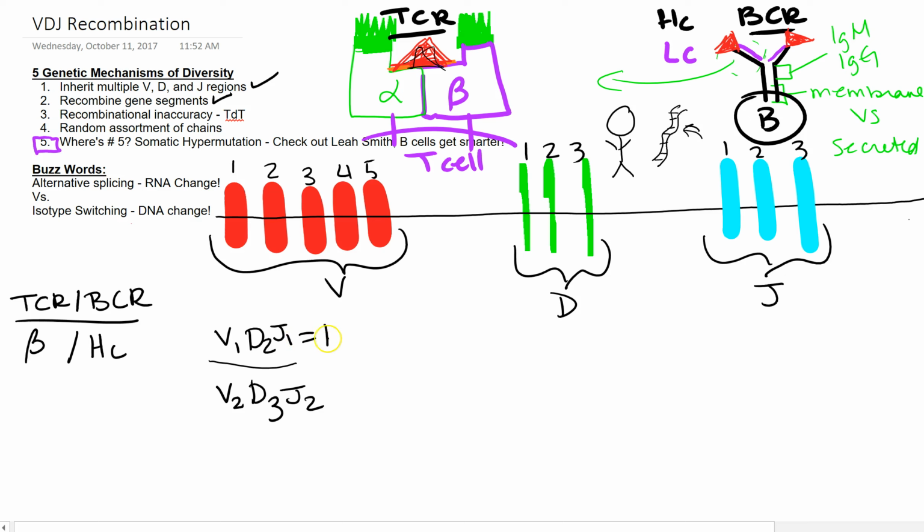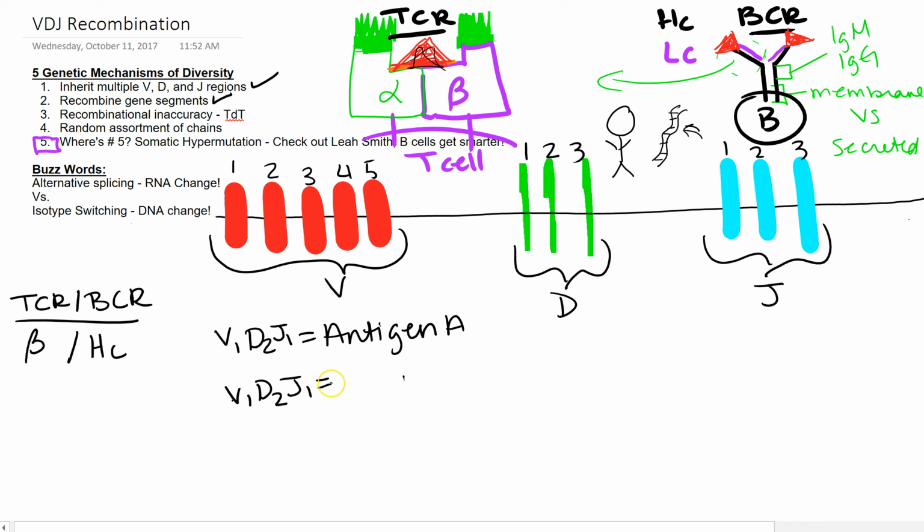This one is going to form part of the specific structure for antigen A. And just by virtue of it being a different exon, this one is going to form part of the structure that will be specific for antigen B. Because we used completely different V, D, and J regions, we have different specificities because they're going to be slightly different, okay?